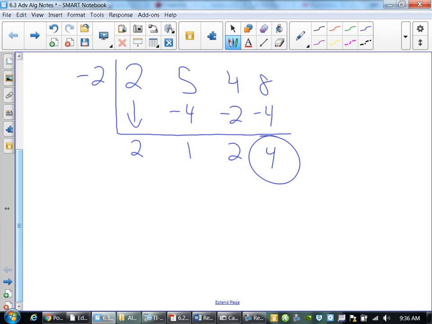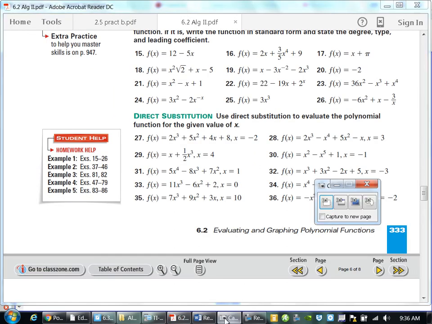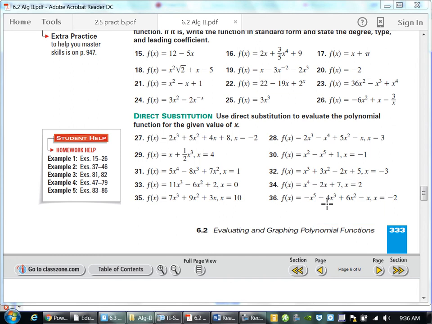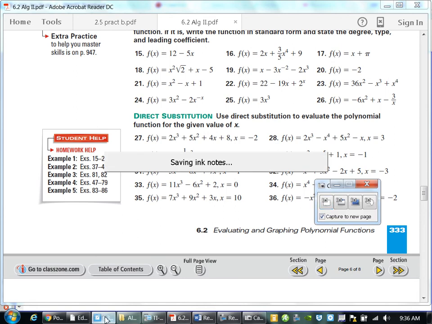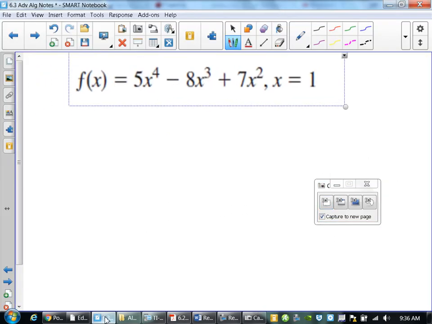Let me show you another one. I have 5x to the 4th minus 8x cubed plus 7x squared, and I'm going to substitute in 1.